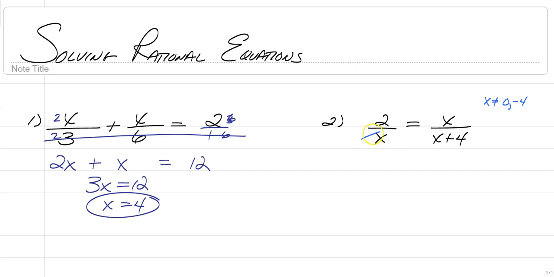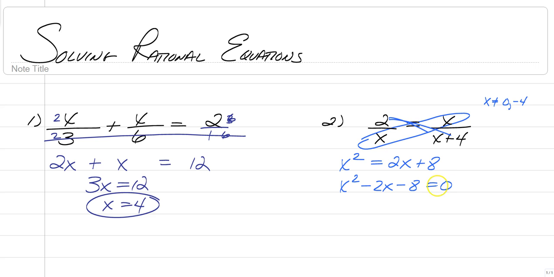So why do you already know how to do this? It's because it just comes from a similarity geometry unit where you just have to cross multiply. So x times x is x squared. That's equal to 2x plus 8 after you multiply 2 to both terms. So you're just cross multiplying. So then you have x squared minus 2x minus 8 is equal to 0.